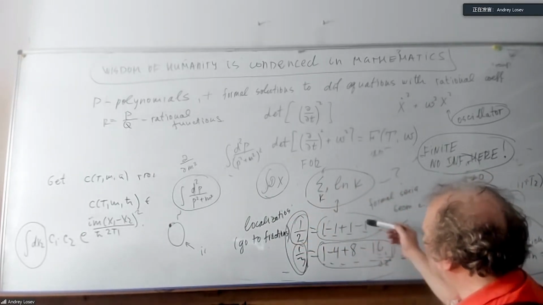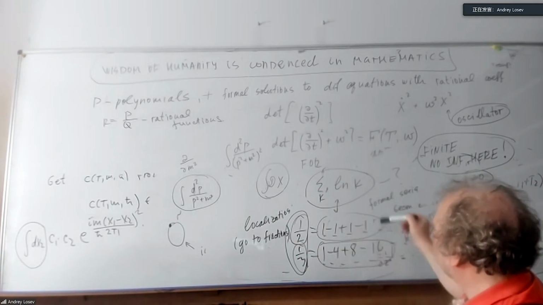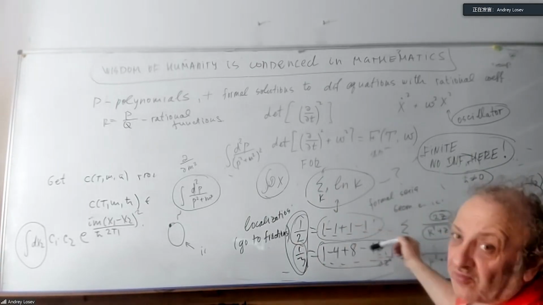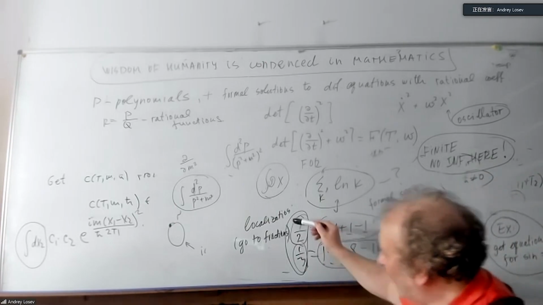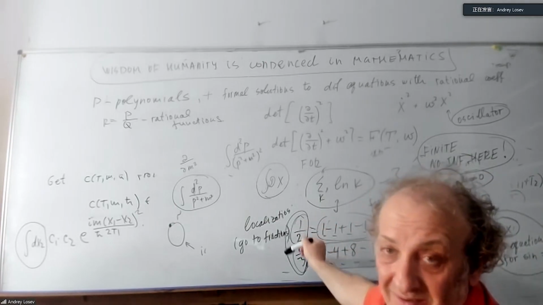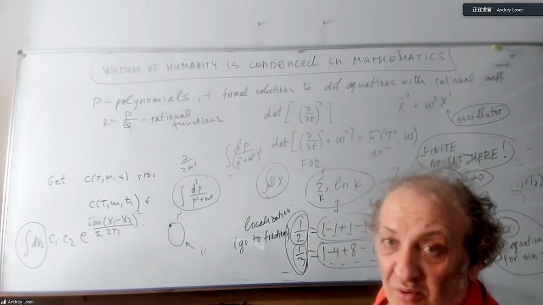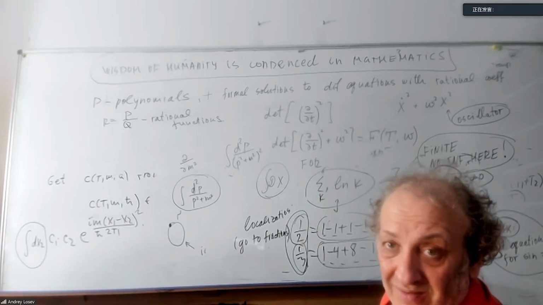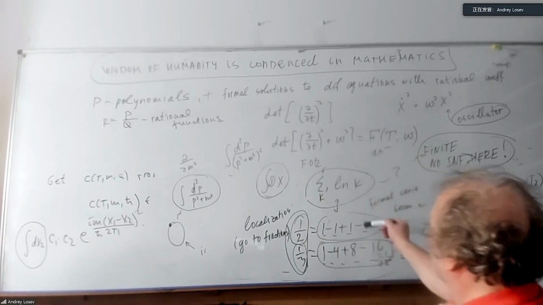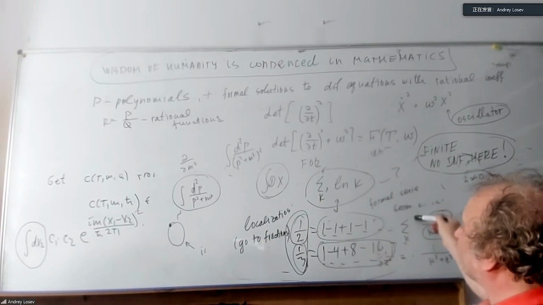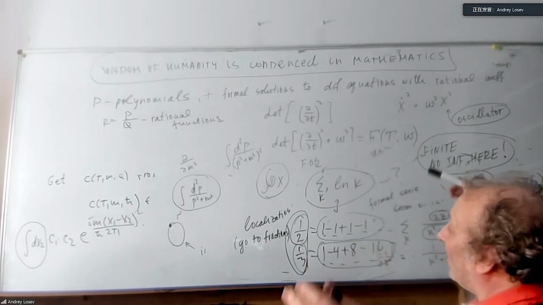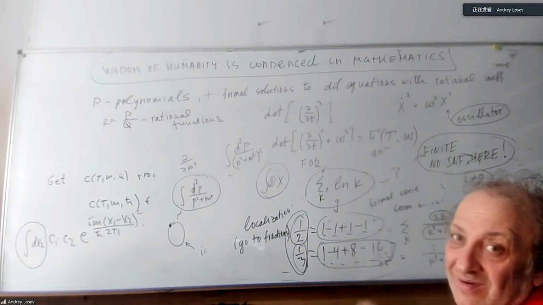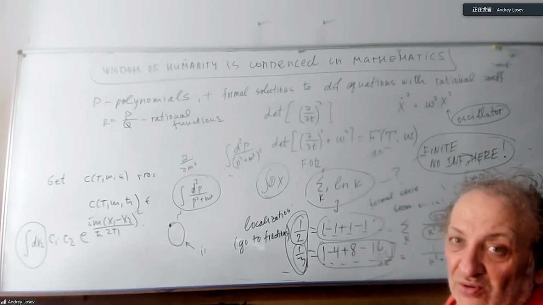So if you use improper mathematics, you get a lot of problems. If you use proper mathematics, you get the answer without this problem. So here you create problems with formal series, and then you somehow try to deal with it.